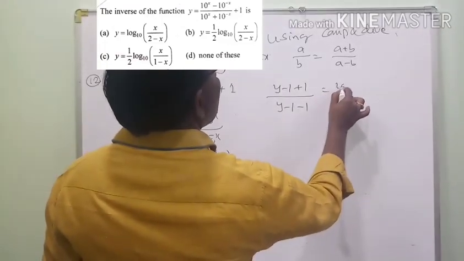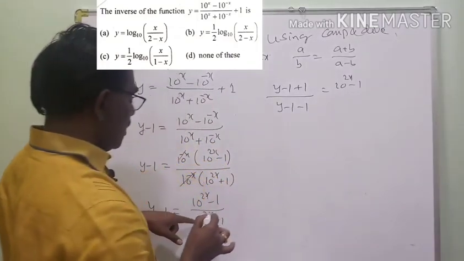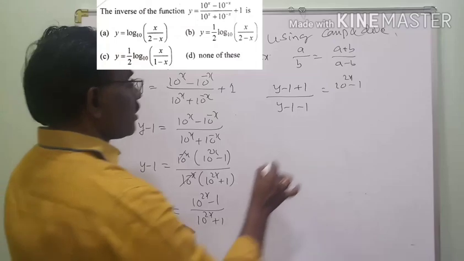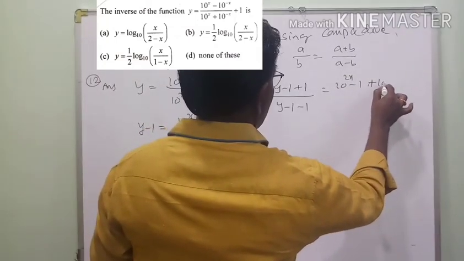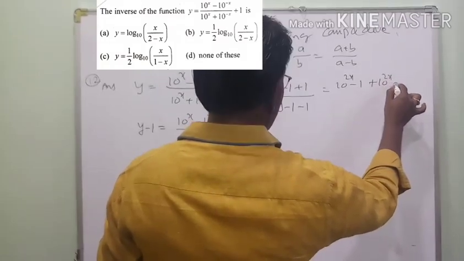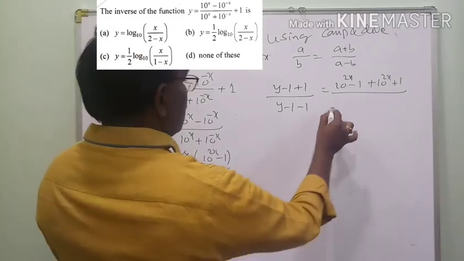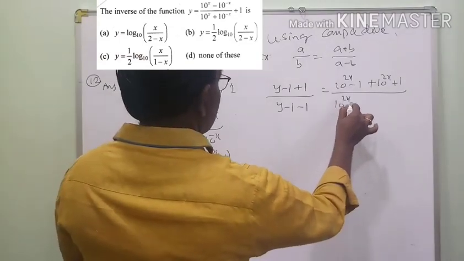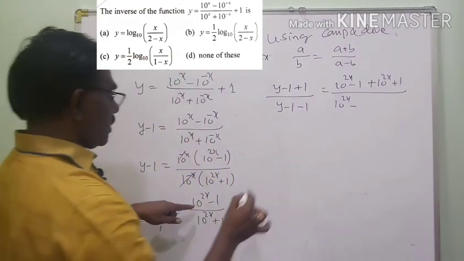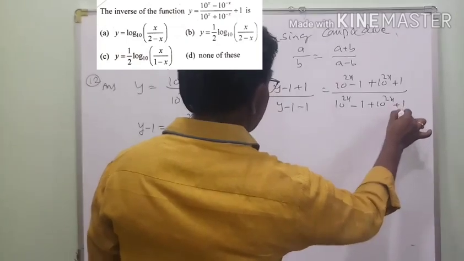equal to 10 to the power 2x minus 1 plus 10 to the power 2x plus 1 by 10 to the power 2x minus 1 minus 10 to the power 2x minus 1, that is a plus b over a minus b.